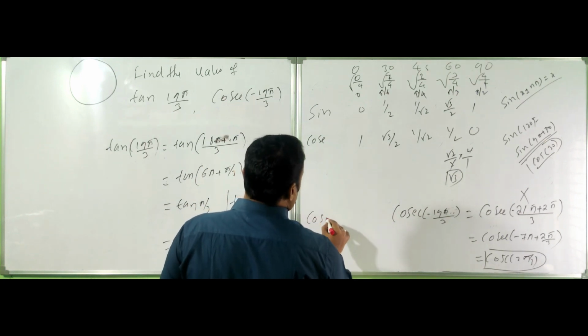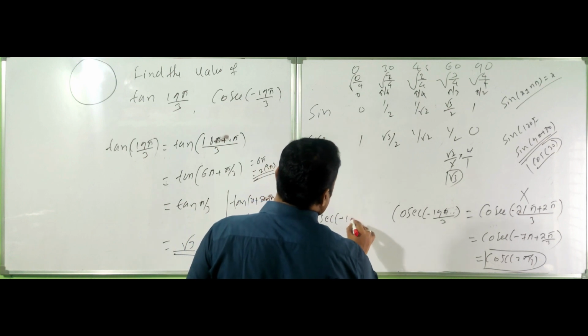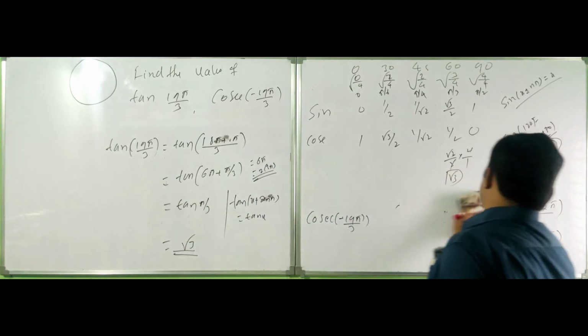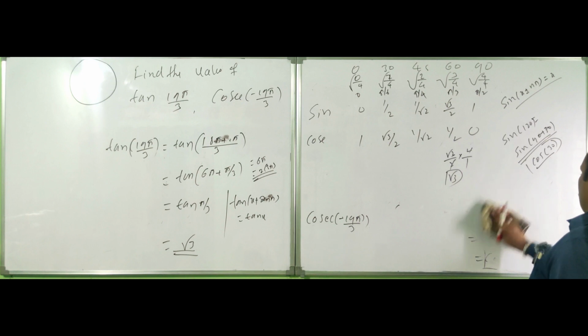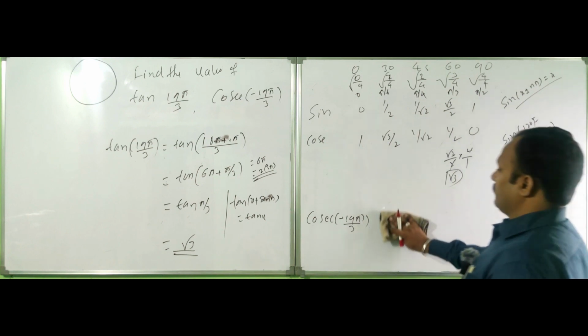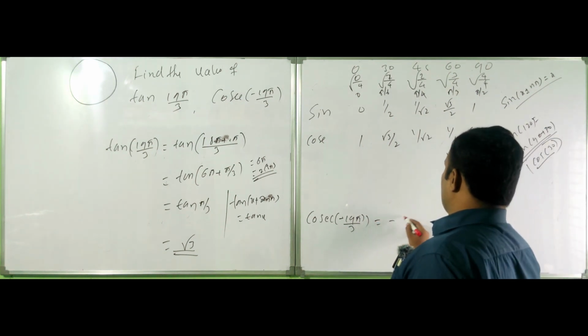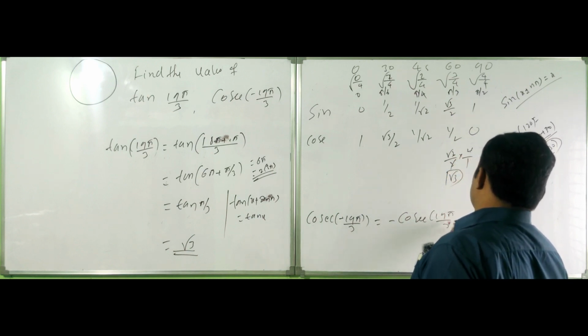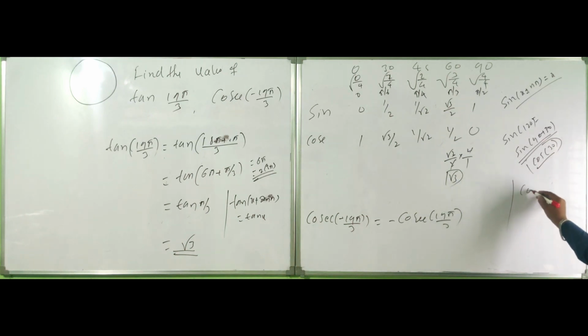So what is given in the book is cosecant of minus 19 pi by 3. This becomes minus cosecant of 19 pi by 3, because cosec of minus x is equal to minus cosecant x.